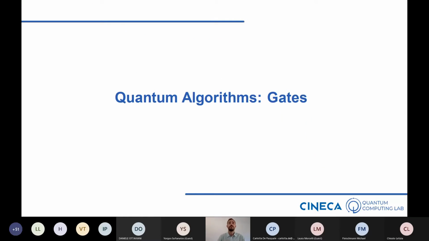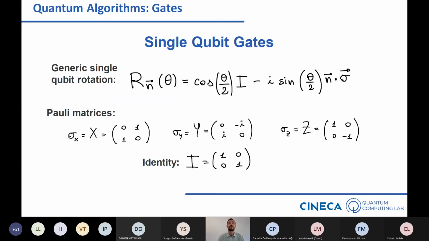Let's briefly review the quantum gates that we have seen yesterday. You have single qubit gates. A generic single qubit rotation is a matrix that can be written as cosine of theta over 2 times I, where I is the identity, minus i sine of theta over 2 times n dot sigma. Here n is a vector that selects the Pauli matrix.